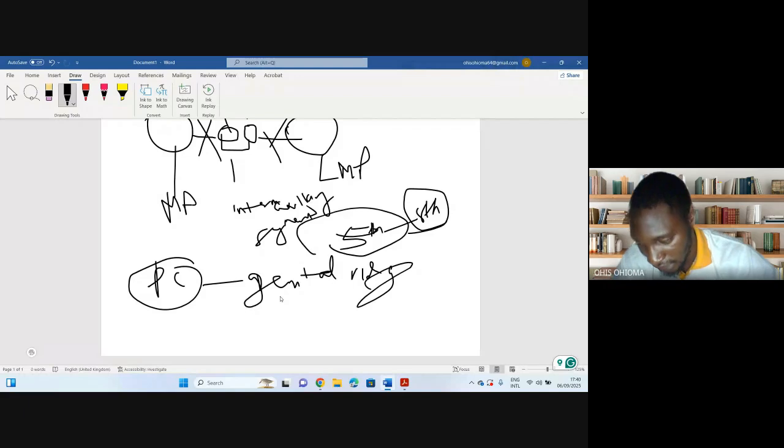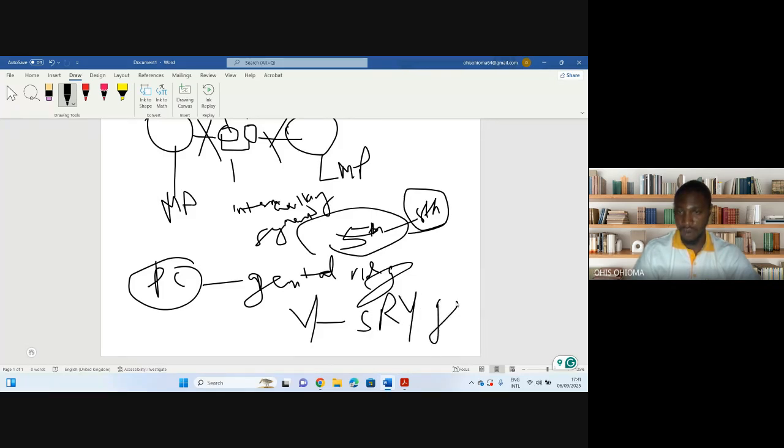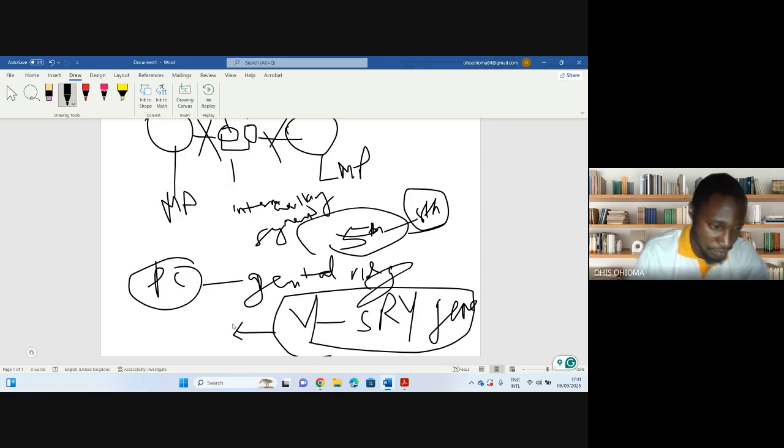I said that in the last class. But what happens is that there's a mutated chromosome that the males give, the Y chromosome. The Y chromosome has a gene called the SRY gene. What this SRY gene does is help the proper differentiation of the male chromosomes. And so the XY gene will do something very, very important, right?